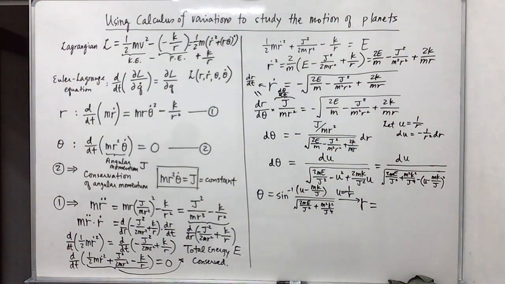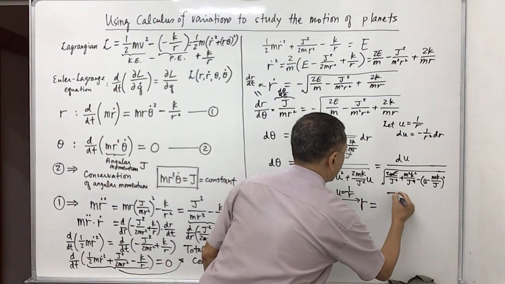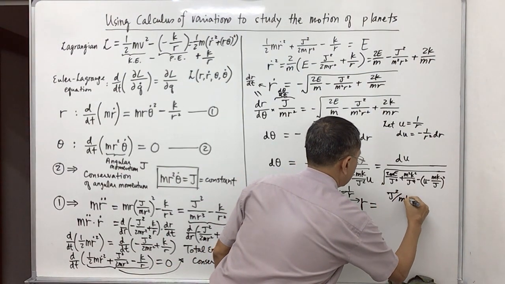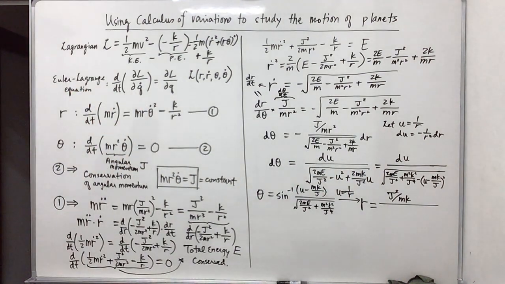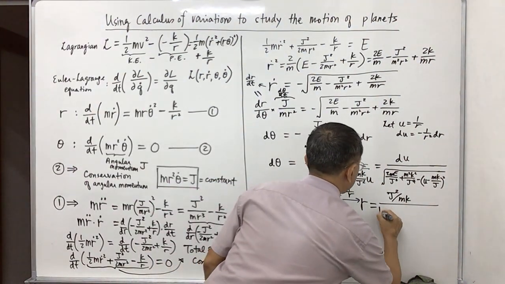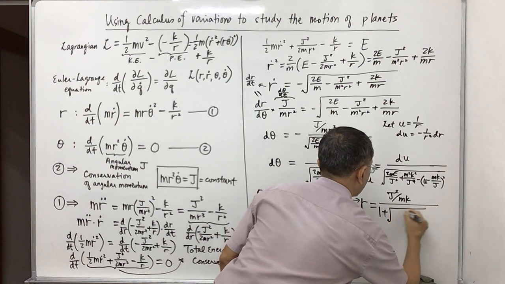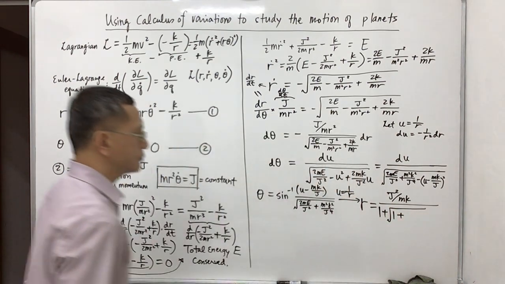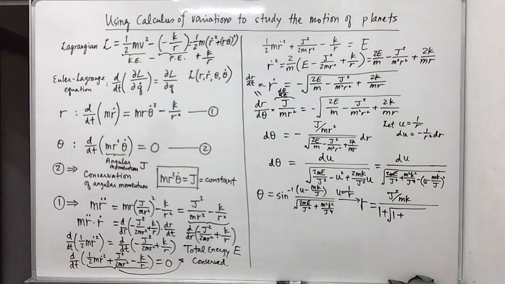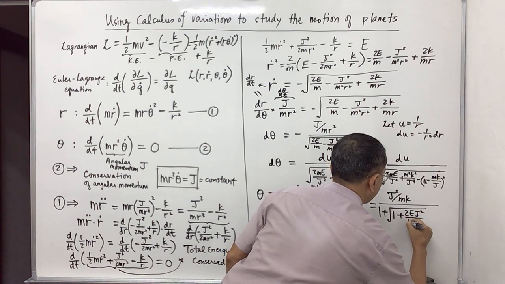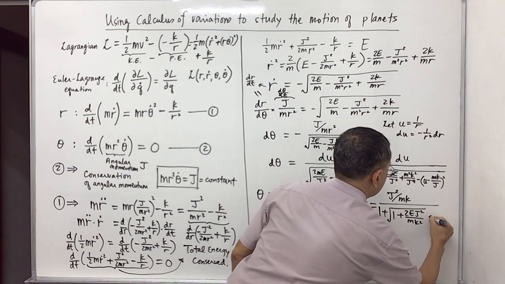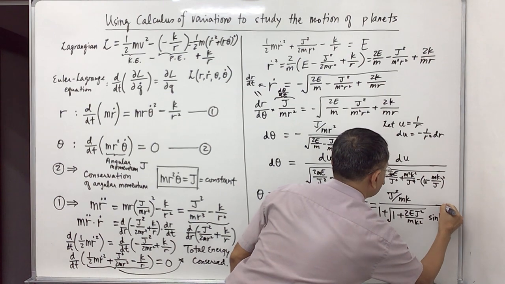J squared over mk will appear on the numerator, and the denominator will be 1 plus the square root of 1 plus 2EJ squared over mk squared, then multiplied by sine theta.